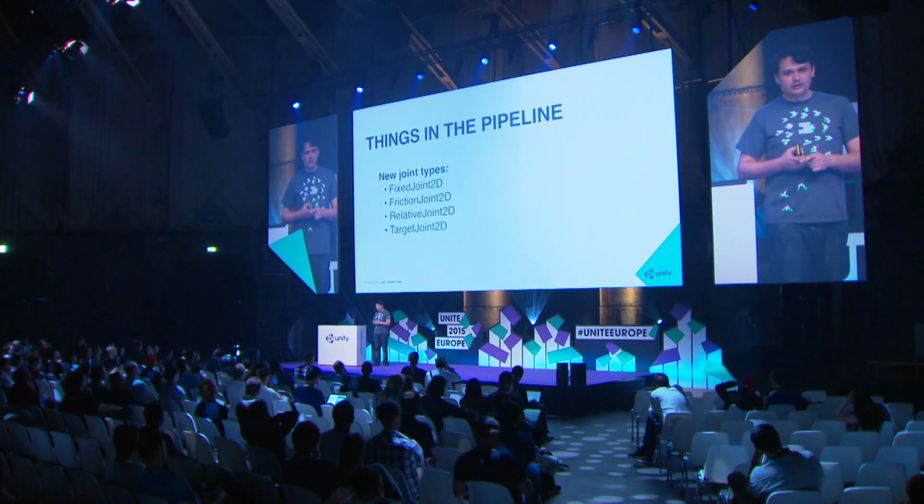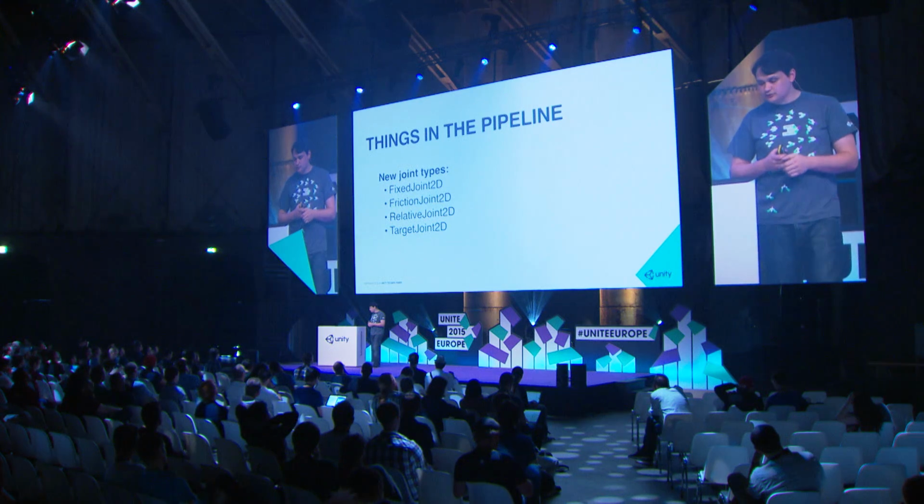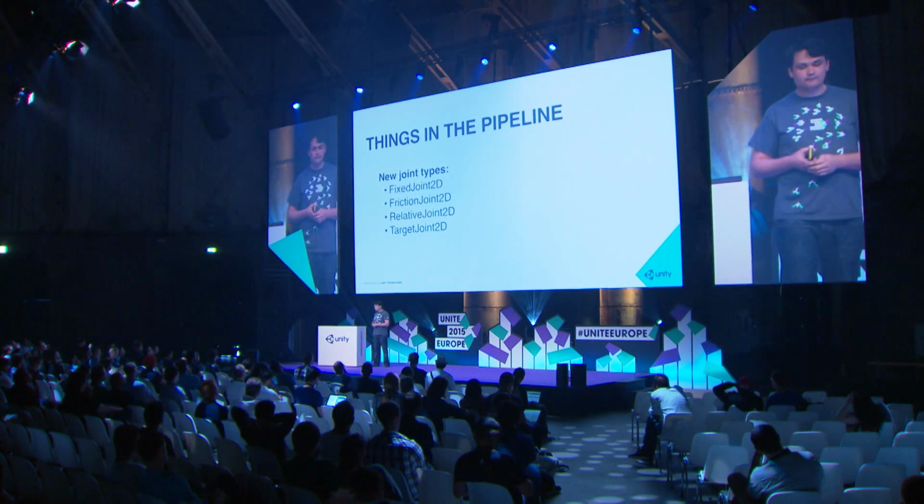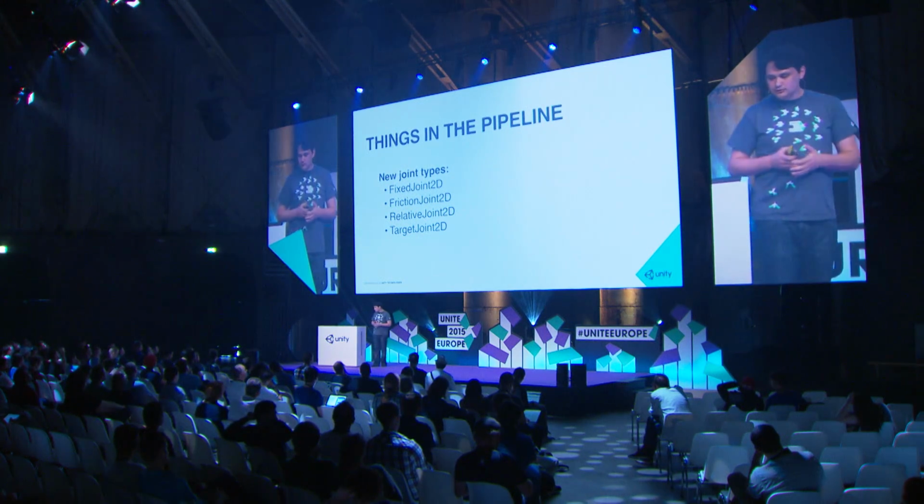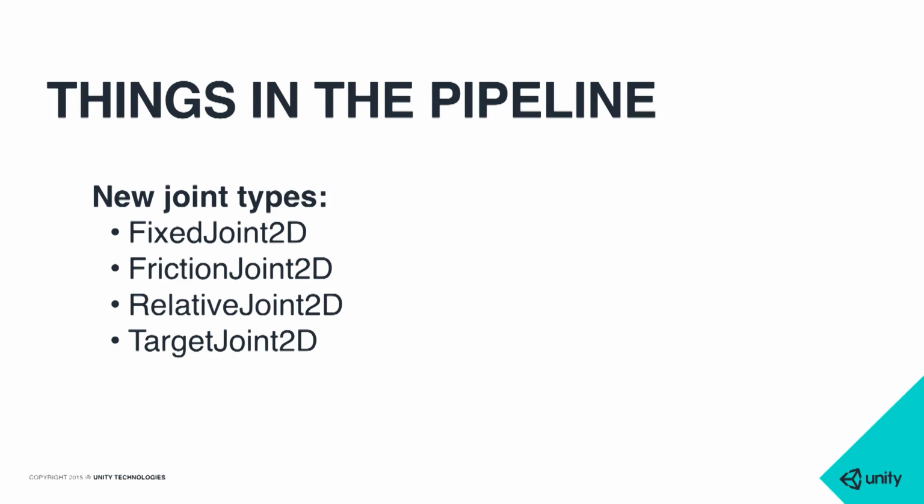We also have a few interesting things that are coming really soon. First, I'd like to let you know that we are introducing four new joint types: fixed joint, friction joint, relative joint, and target joint. Fixed joint is a new type of joint that helps you bring objects together.